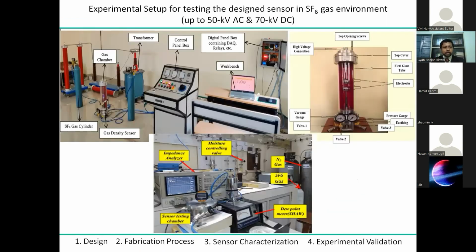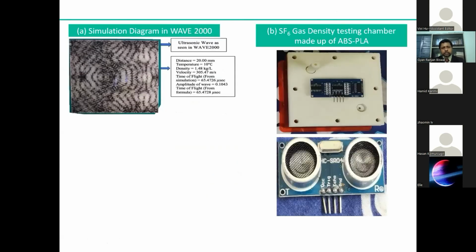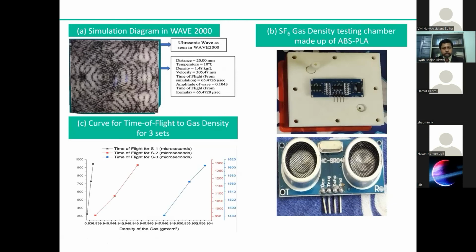So these are a couple of setups in our lab, including the automatic data acquisition system. Just for your information, there is the response and recovery time. I'm skipping all these things, so please interrupt if you have more interest in these particular parts.